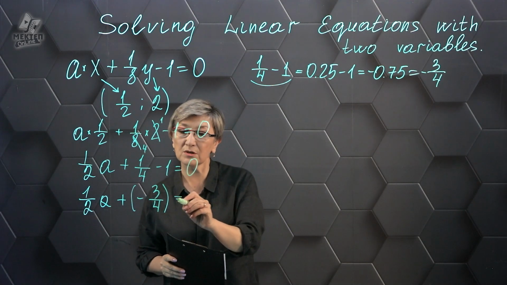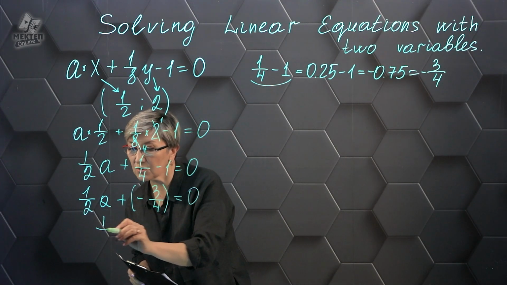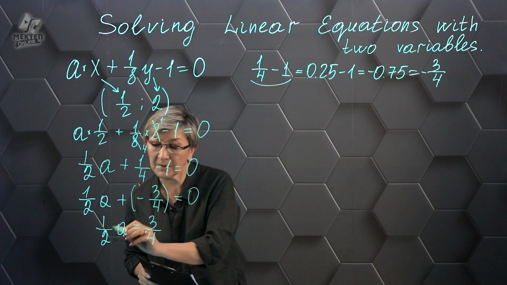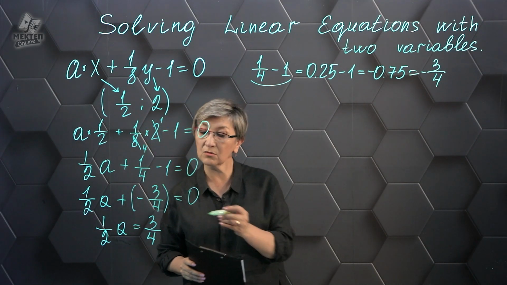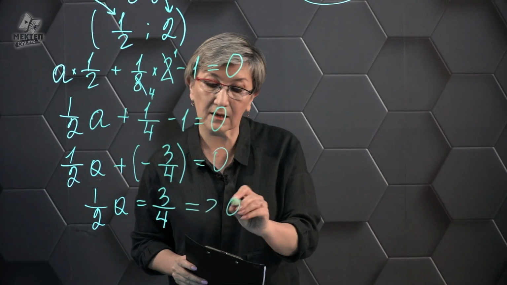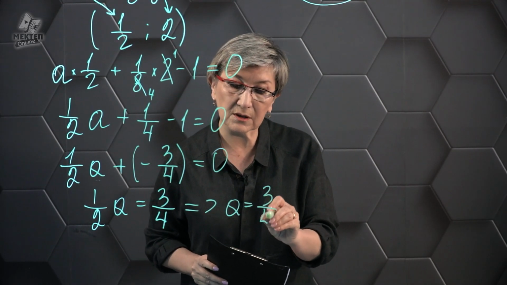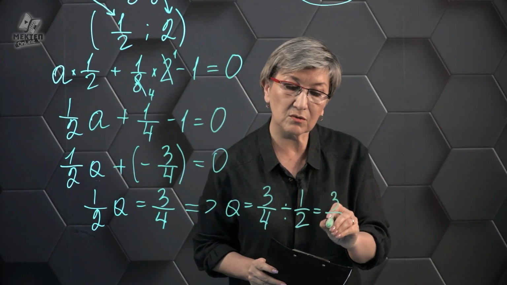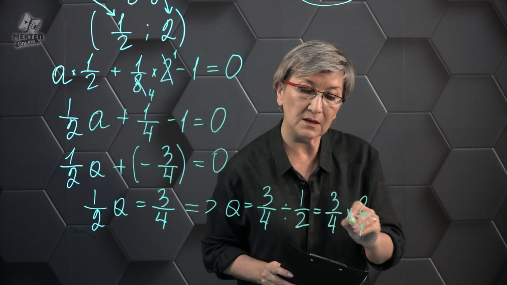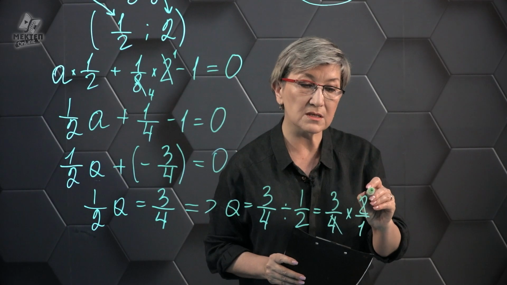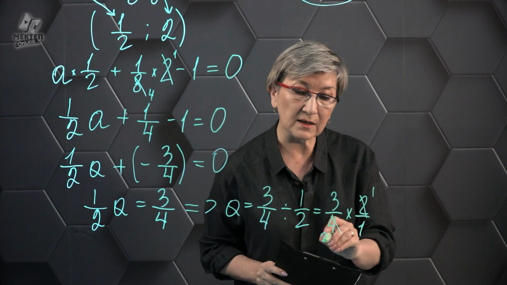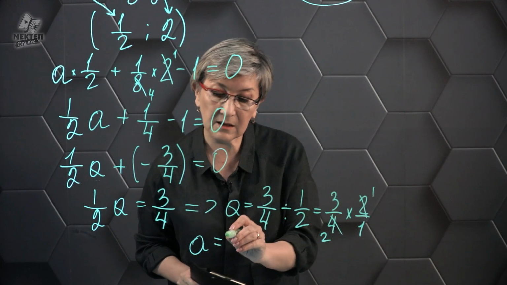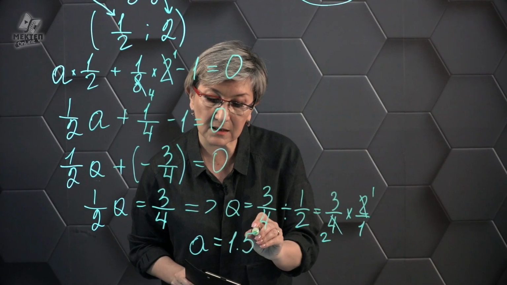And then the result of that, we get the following equation. 1/2 a equals 3/4. And then we need to divide the left and right parts by 1/2. The result is that a equals 3/4 divided by 1/2, or 3/4 times 2/1. 4 and 2 I can divide by 2. 1 and 2, and the answer is 3/2, and that's 1.5.